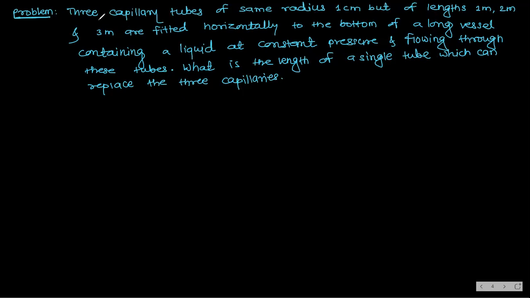So what is given? You see, how many capillaries we are having? Three. And each having radius 1 centimeter. So here R1 is equal to R2 is equal to R3 is equal to R, and that is equal to 1 centimeter, that is equal to 1 into 10 to the power minus 2 meter.